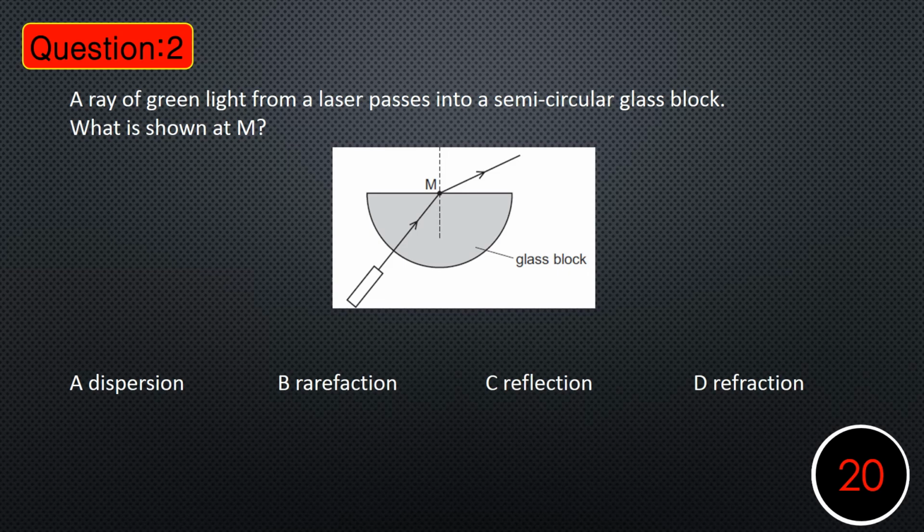Try this second question. A ray of green light from a laser passes into a semicircular glass block. What is shown at M? Option A dispersion, option B rarefaction, option C reflection, and option D refraction.